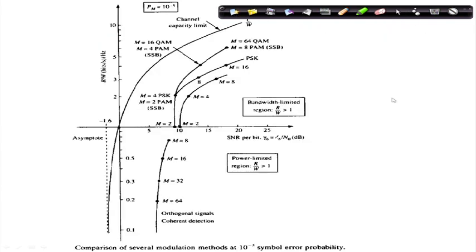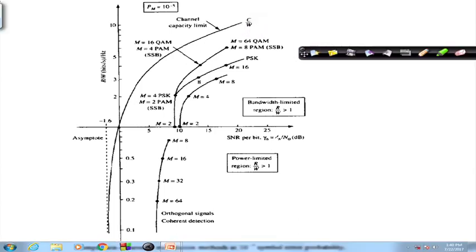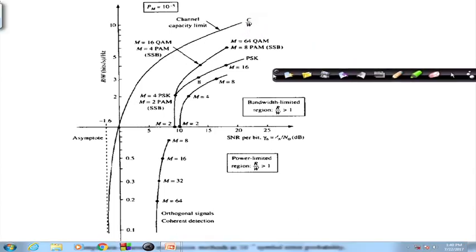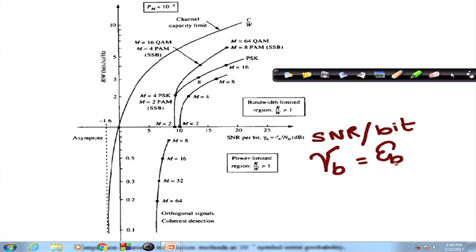So, now what we have with us is a particular famous representation which is usually available in many references. If we look at this particular picture, we have the x axis as SNR per bit, also we have been noting it as gamma b, which is Eb by N naught.